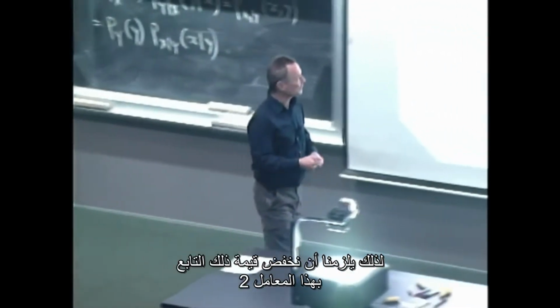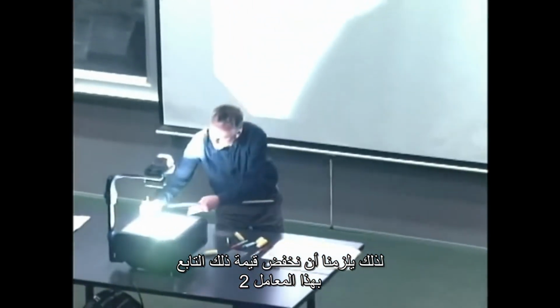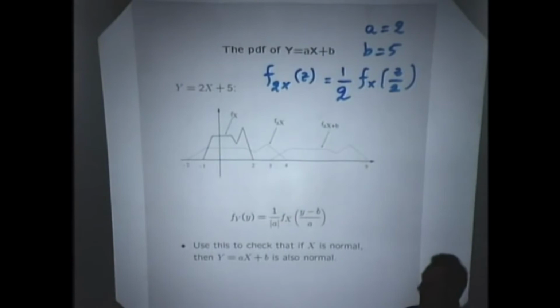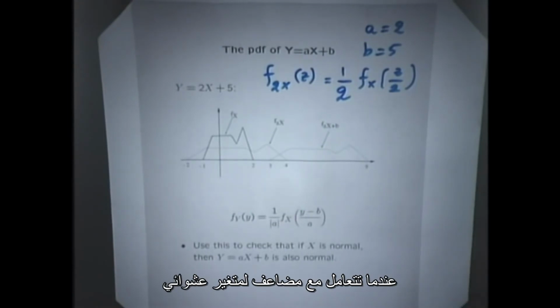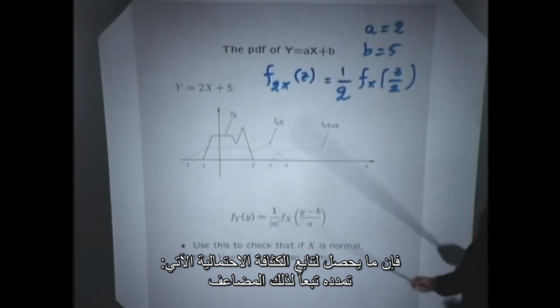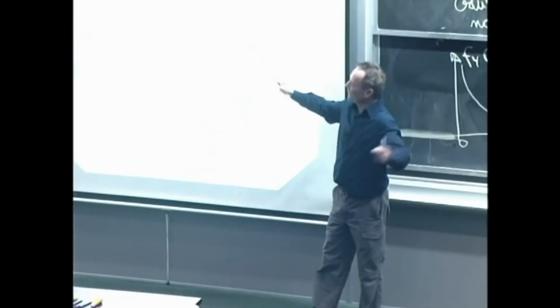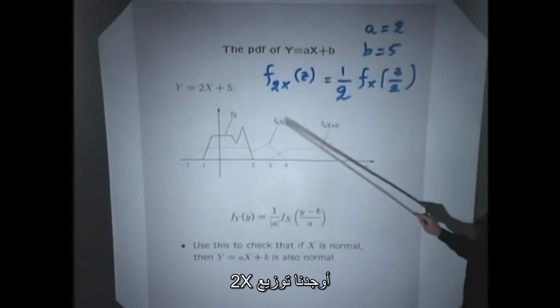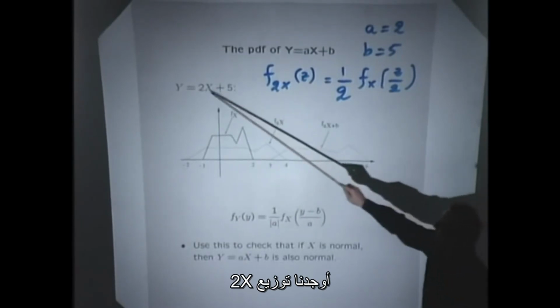So we need to take that function and scale it down by this factor of 2. So when you're dealing with a multiple of a random variable, what happens to the PDF is you stretch it according to that multiple, and then scale it down by the same number so that you preserve the area under that curve. So now we found the distribution of 2x.